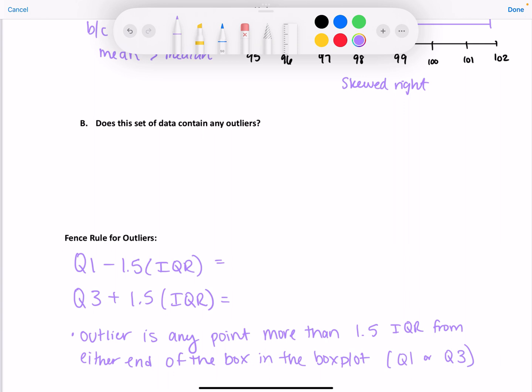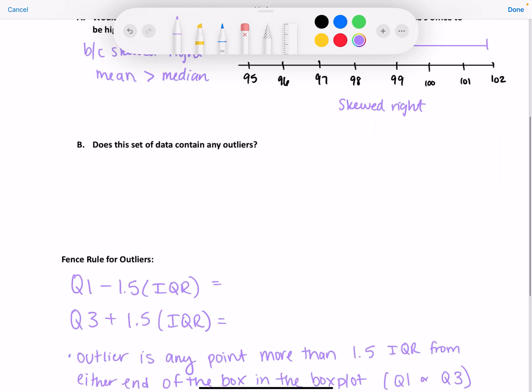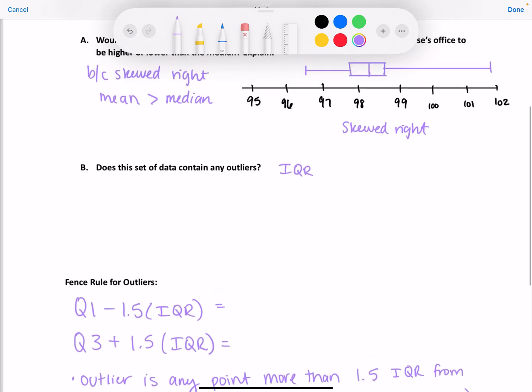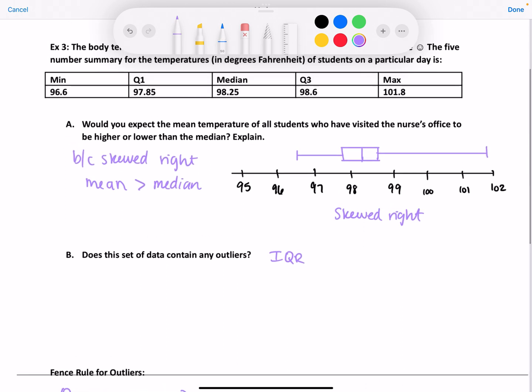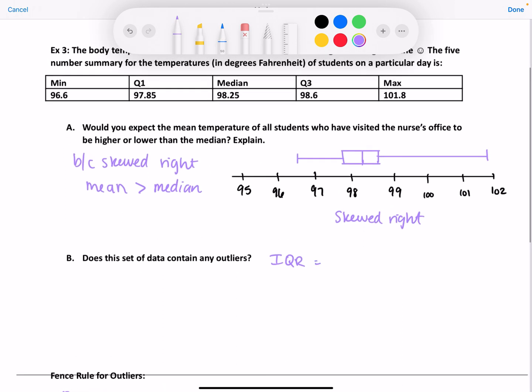So if we go back to problem B, does this set of data contain any outliers? We're going to first find our IQR. Do y'all have this? Can I slide it back? Or are you still writing? Okay. So we can see our numbers here. IQR is going to be Q3 minus Q1.